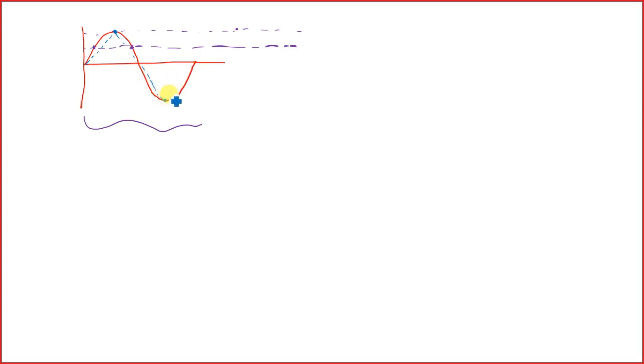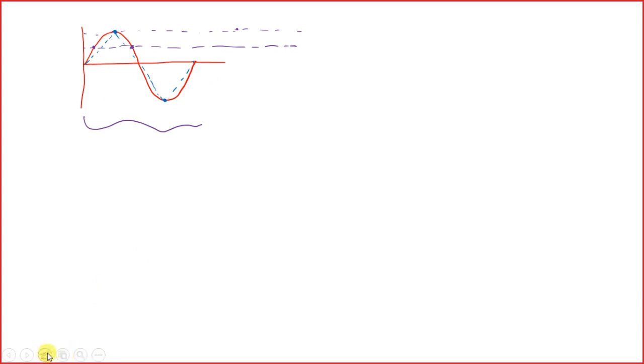You'll be getting something like this, but what happens over here? You at least get information that there is an alternating signal over here. This is not a perfect sinusoid, it is basically a triangular signal, but you get information that there is an alternating signal over here.